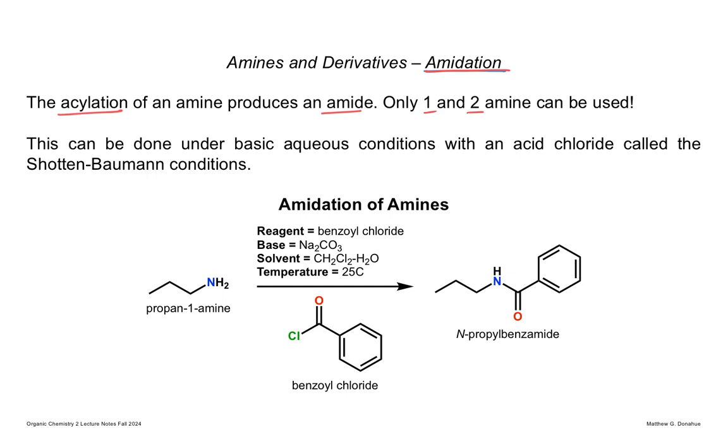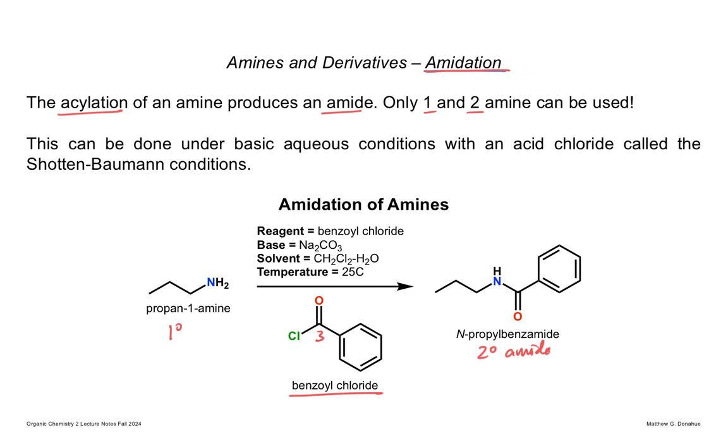So here we have a primary amine called propane 1 amine. We're treating it with an oxidation state 3 functional group called benzoyl chloride, and essentially the primary amine is going to become a secondary amide.